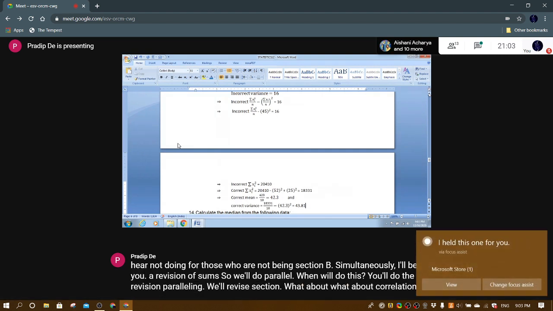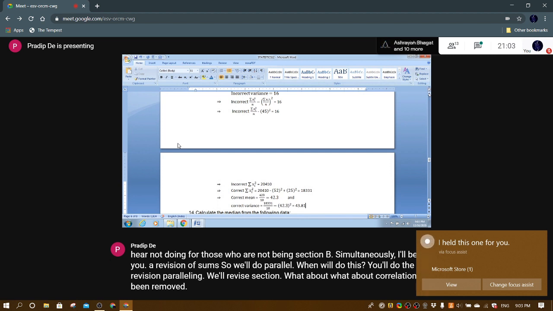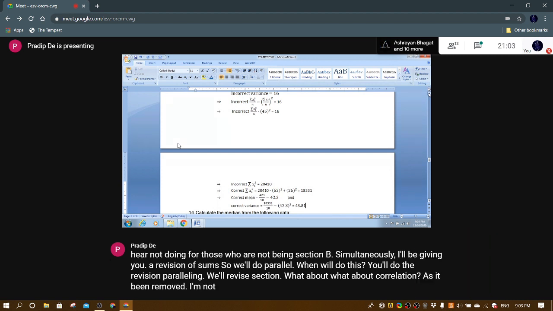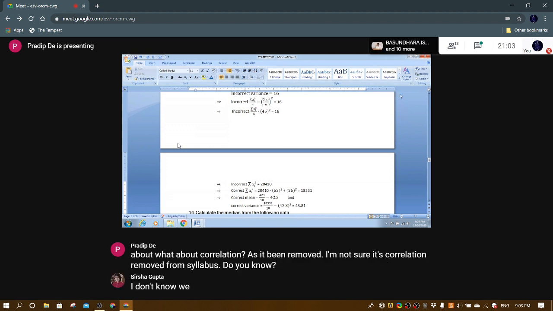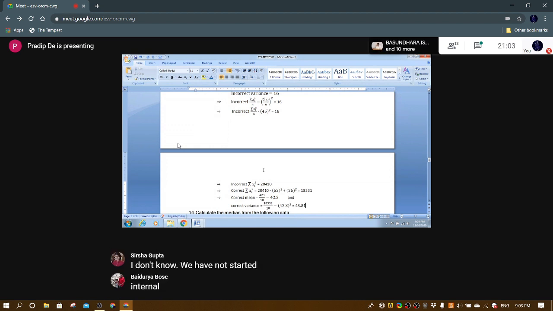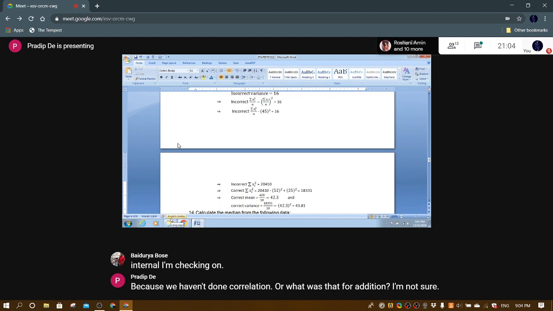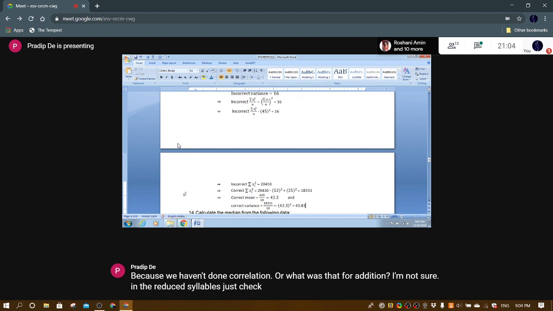What about correlation? Has it been removed? I'm not sure. Is correlation removed from syllabus? I don't know. We have not started section C yet. I'm checking, because we haven't done correlation. I'm not sure whether we have correlation in the reduced syllabus. Just check it once and tell me.